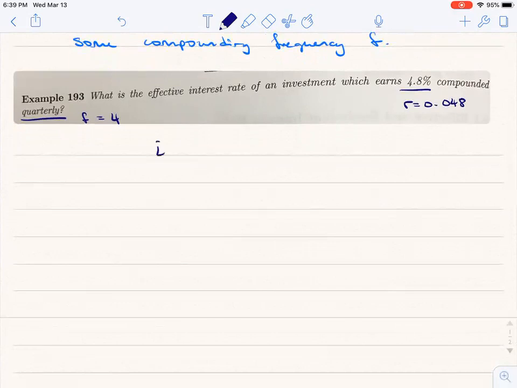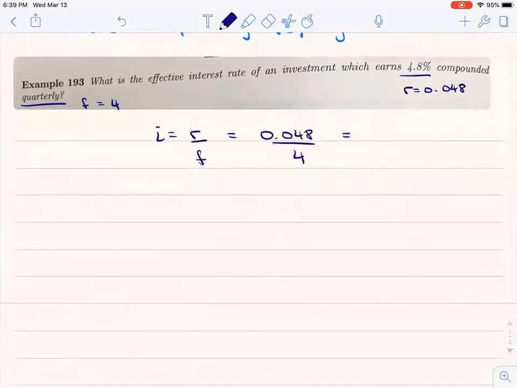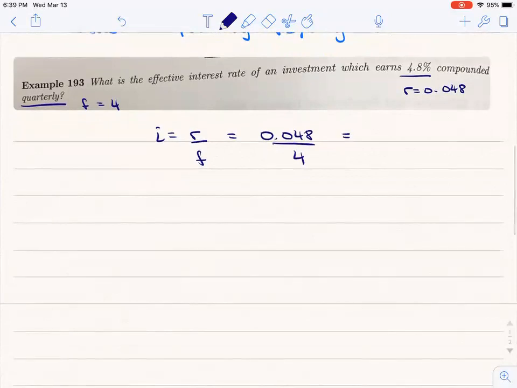We can calculate I is R over F, which is 0.048 over 4, which I have here as 0.012. Let me check it: 0.048 divided by 4. Sure is.